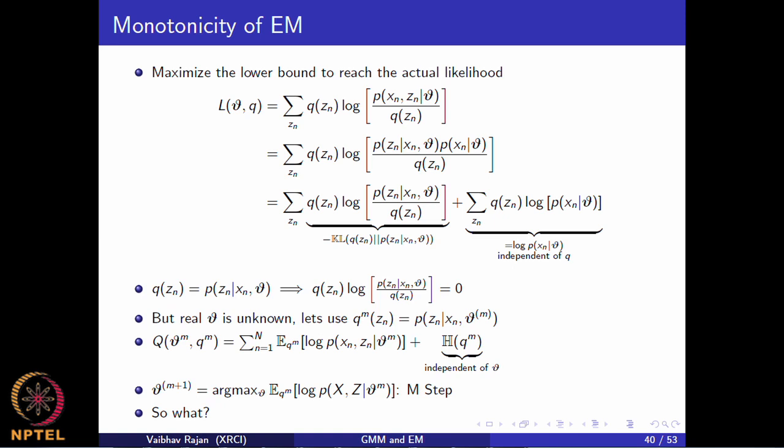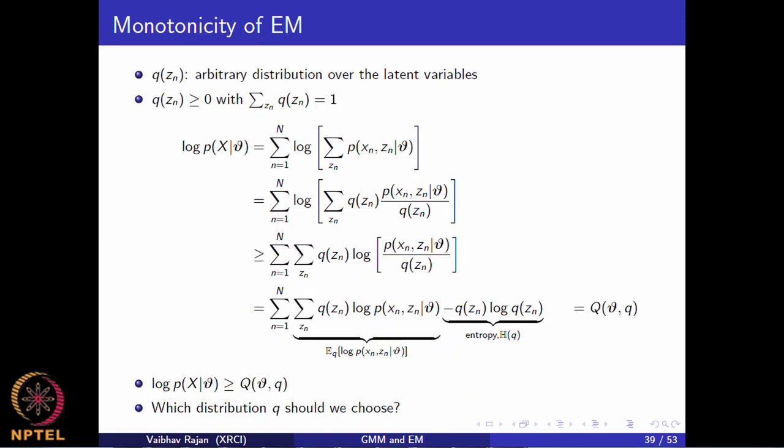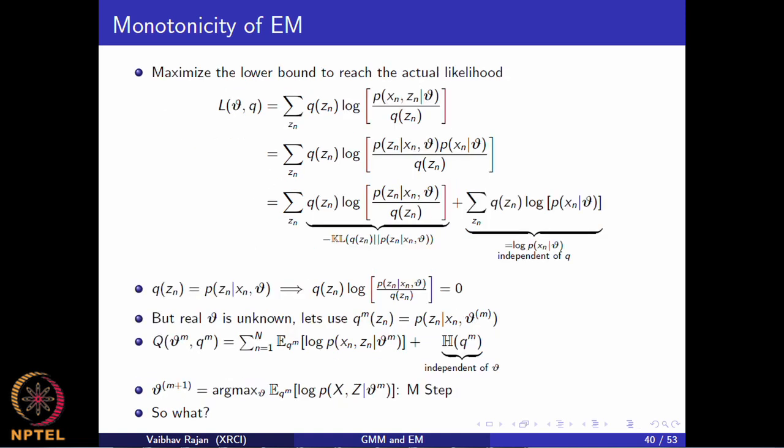So what we get if we use this value for qm, which is the probability of zn given xn and the guessed theta m values, is nothing but this expectation which we saw coming up here, except that instead of q we are using qm, which is based on the current guess value, and we are getting the entropy term, but this entropy term is independent of the thetas. So when we maximize this in our M step of EM, this does not play any role, and what we are eventually maximizing is this expectation of the likelihood under the distribution of Z.